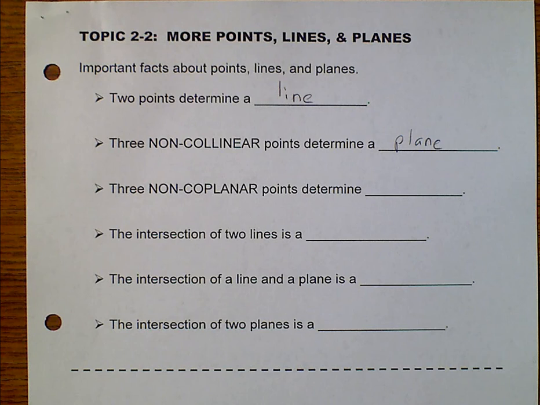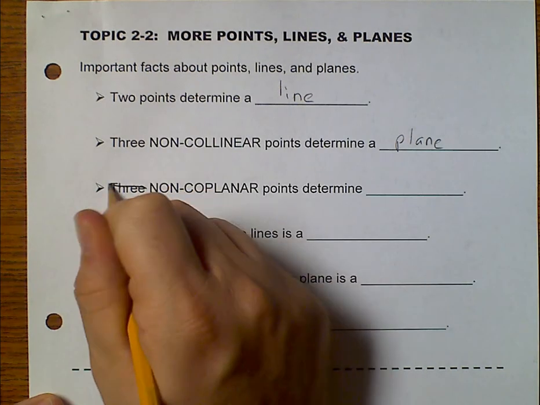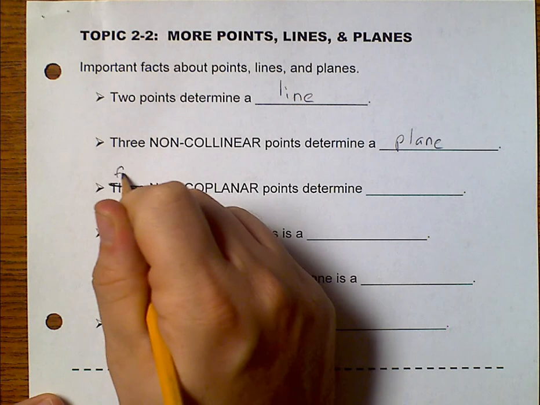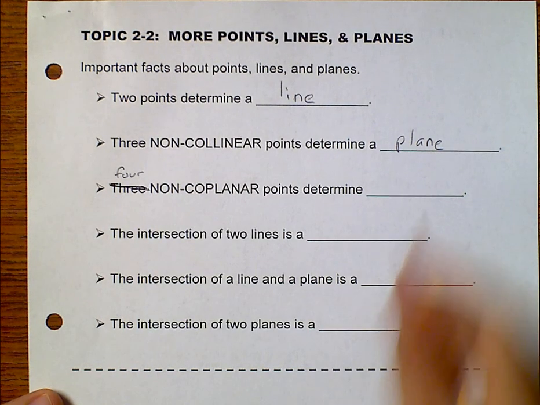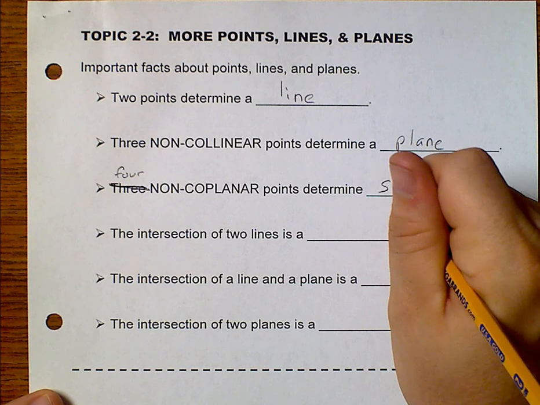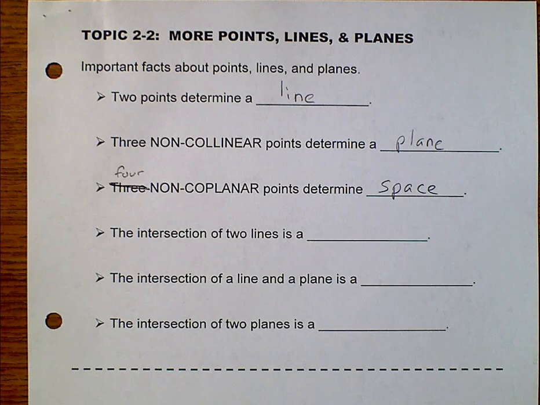Now, actually this should not be 3 non-coplanar points. This should be 4 non-coplanar points determine a space. Because if I have 3 points, they will always be coplanar.